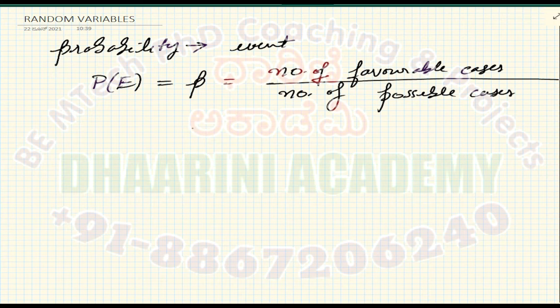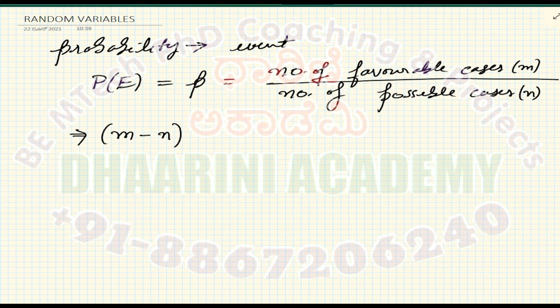If you want to give a notation, the numerator I'll call m and the denominator I'll call n. So if there are m favorable cases out of n total cases, then the number of non-favorable cases is m minus n?